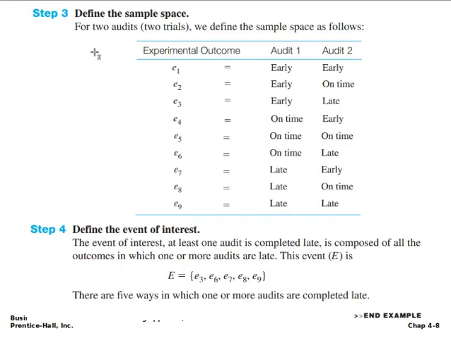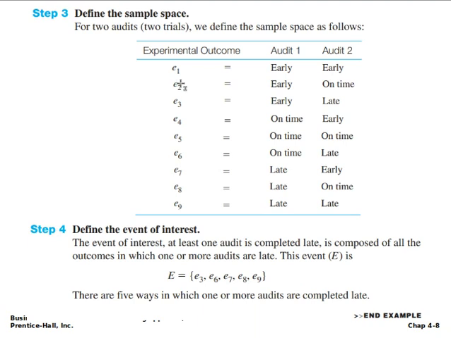Then step 3, define the sample space. The sample space is the total possible combinations. For two audits or two trials, we define the sample space as follows.